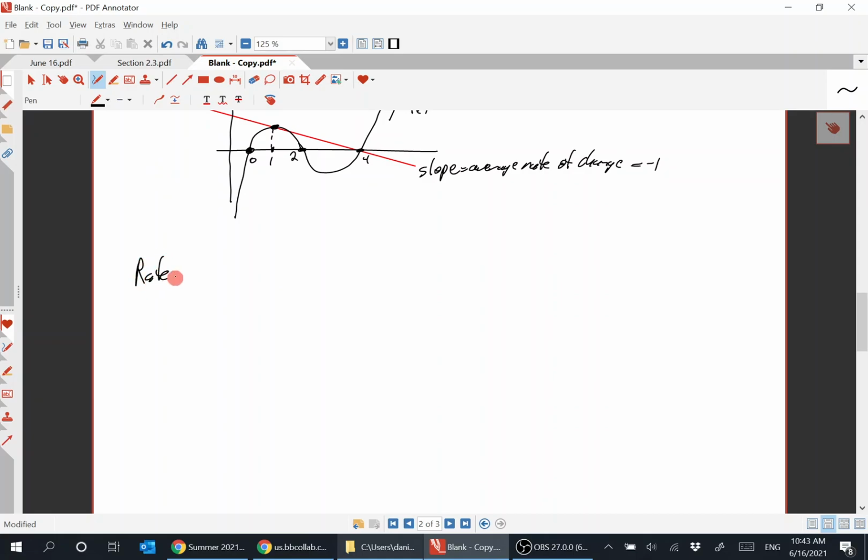So, rates of change and units of measure.